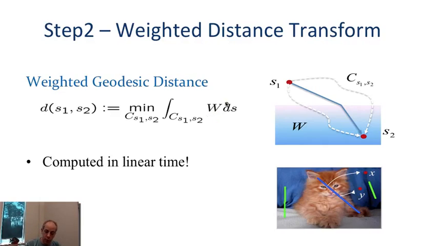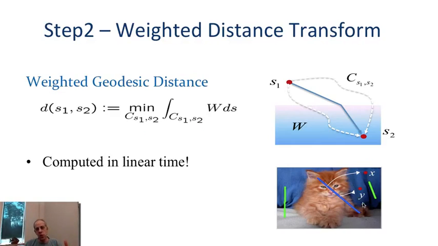So I have to tell you what we are going to use as W. Before that, let me just make a remark that this can be computed very fast, actually in linear time. Visiting every pixel of the image only once, you can compute the distance, the path, basically this formula, to the foreground and to the background. So this is not a very difficult computation.